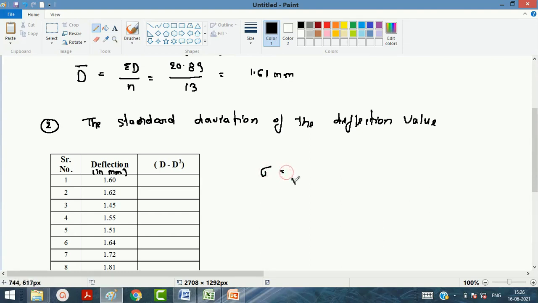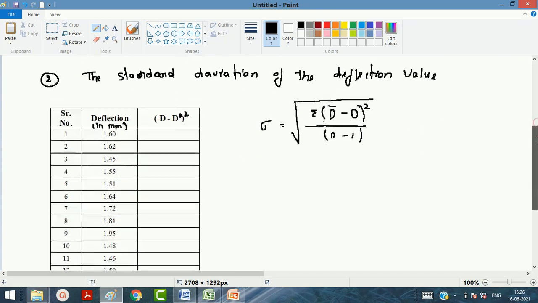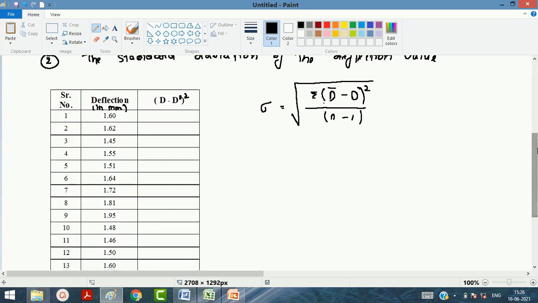The formula for sigma is equal to the square root of summation of (d bar minus d) the whole square divided by n minus 1. We have already calculated d bar, and d is given in the question. So let us find one by one.